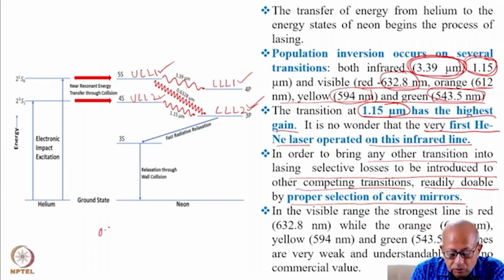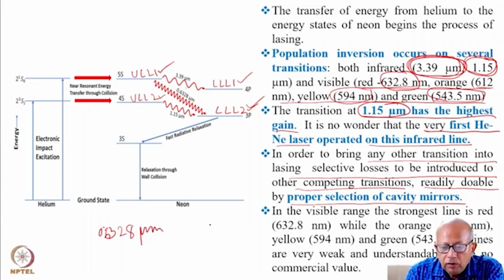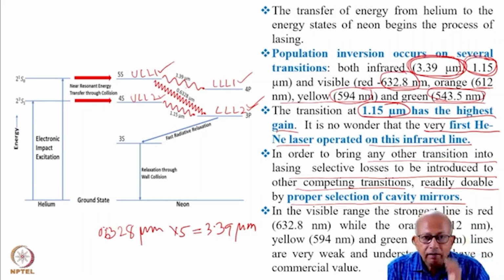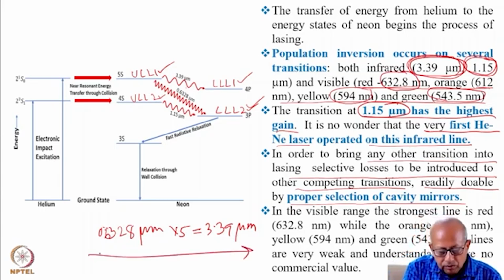The shortest one is 0.6328 micron, and the longest wavelength is 3.39 micron. So there is a factor of almost 5, even more than 5. So by using a single dispersive element, it won't be possible to select wavelengths over such a long range. That is, the longest and shortest differ by lambda 2 being more than even 5 times lambda 1.